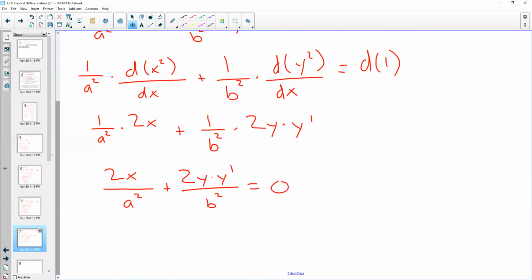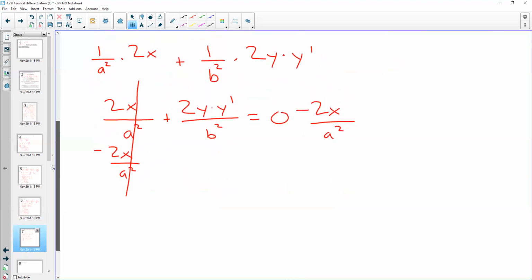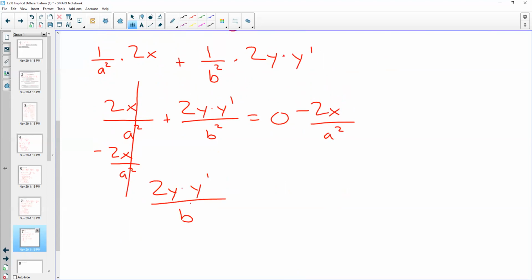Like we've been doing, let's isolate for y prime. So we can subtract 2x over a squared. Okay, so now we have 2y times y prime over b squared is equal to negative 2x over a squared.